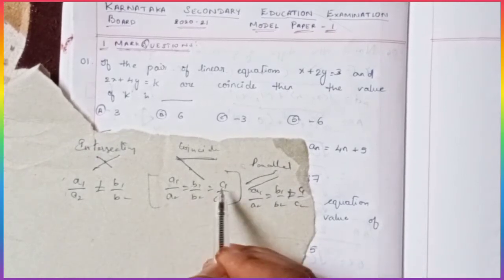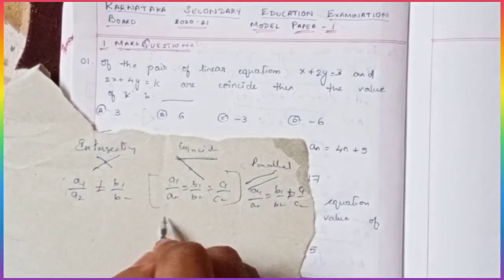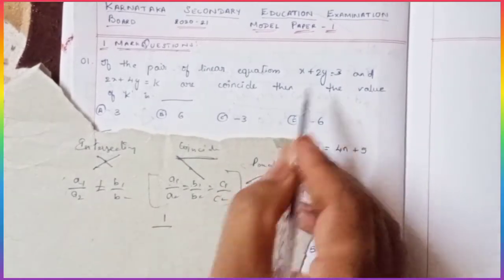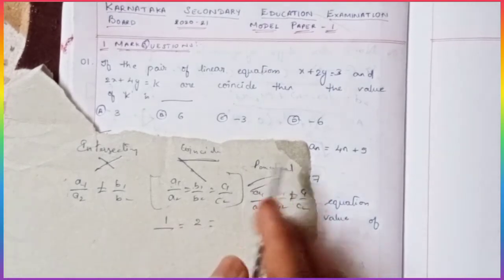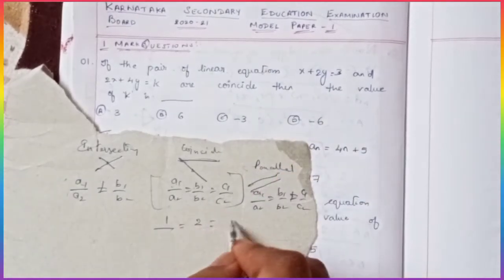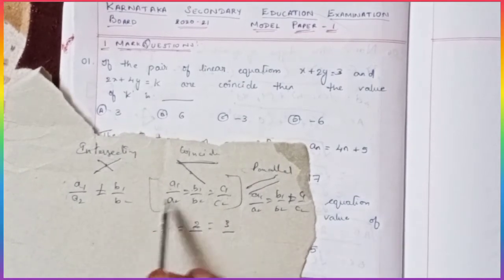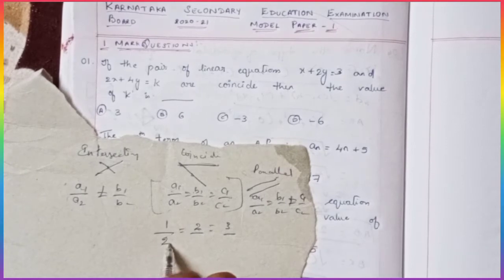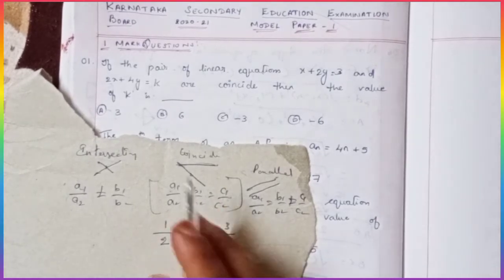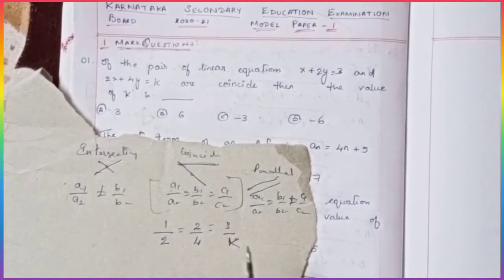Here a1 is the x variable coefficient, that is 1, b1 is the y variable coefficient, 2, and c1 is the constant 3. For the second equation, a2 is the x variable coefficient, 2, b2 is the y variable coefficient, 4, and c2 is k. We need to find the value of k here, correct?